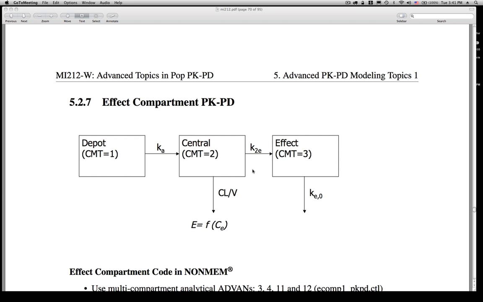If the amount returns back to the central, it's a negligible return. If the amount is eliminated here, it's a negligible elimination. So it's really arbitrary. You could have this rate constant going anywhere because K23 is really what controls this, and K23 is not impacting the mass balance of the central compartment.